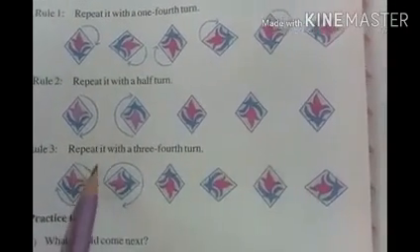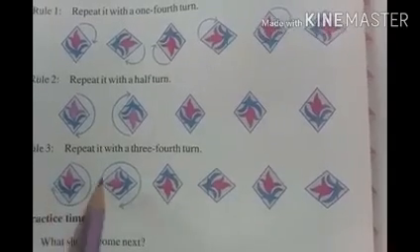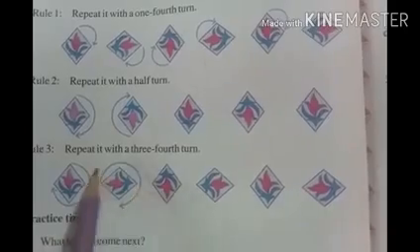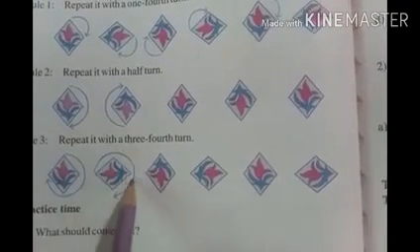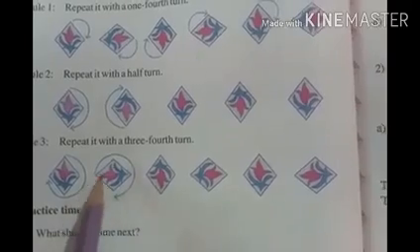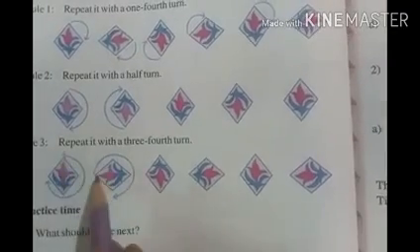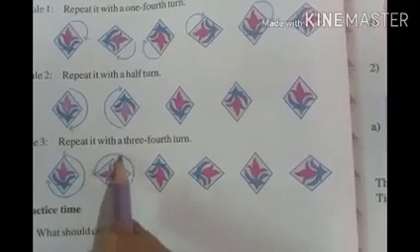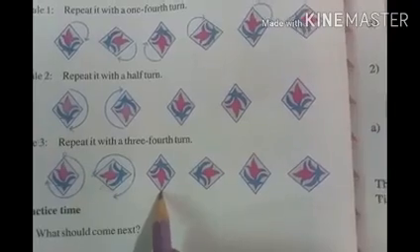The third rule is repeated with 3/4 turn, and each motif is turned clockwise, that is right side. So here 3/4 turn means half and 1/4. So it is turned half and 1/4. So this portion has reached here. Again, if this is half and here it will come, so that is 3/4. Okay.